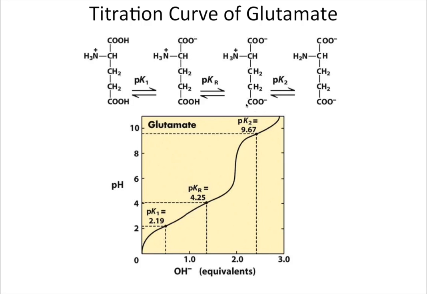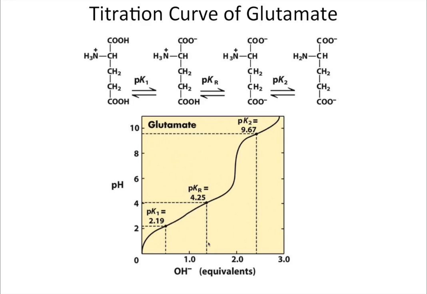Then the R group carboxylic acid becomes deprotonated, and that's what occurs in this middle region. So again, this is a buffering region. It's not highlighted very well in this figure, but that's what's going on here. So we have a pKa value of 4.25, and we end up with two deprotonated carboxylate groups.